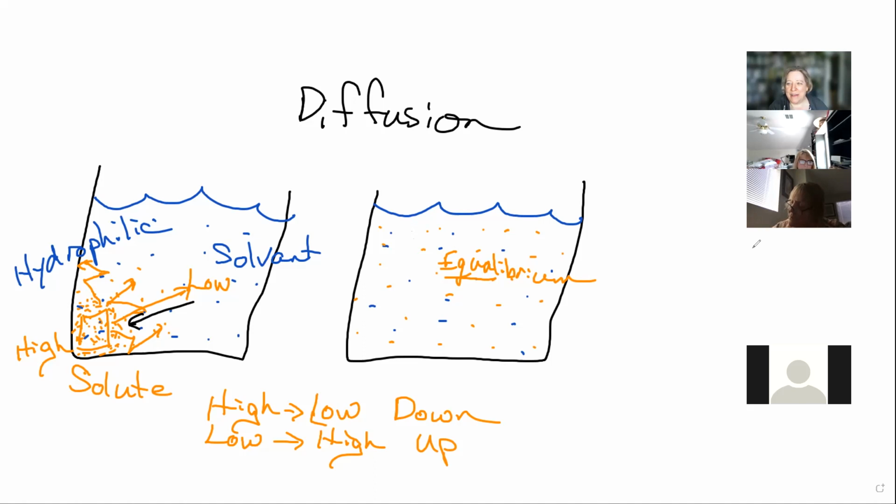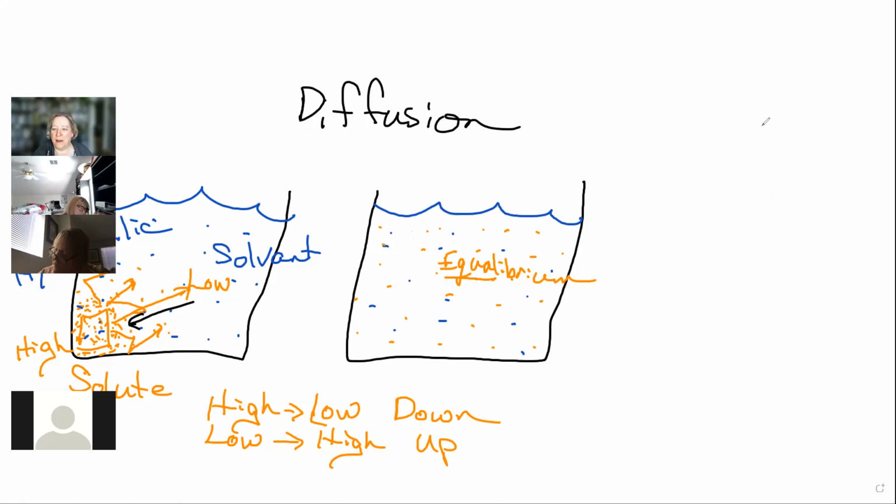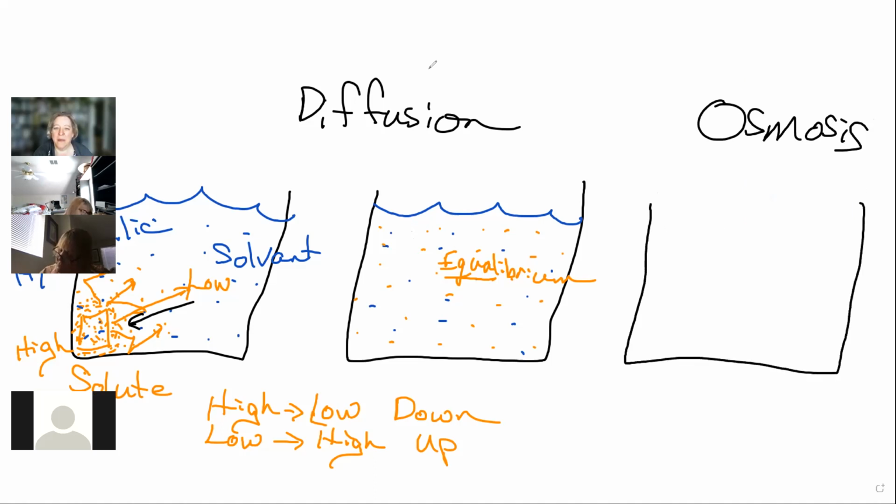Okay, now I'm going to toss in a variable. We're going to move to osmosis. So let's say I've got the same situation here, where I have a beaker of water, but I'm going to put a barrier in, and you'll notice I'm showing it as a dotted line.